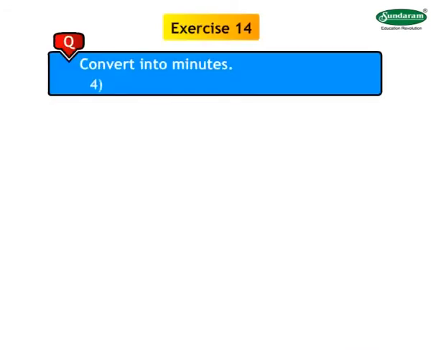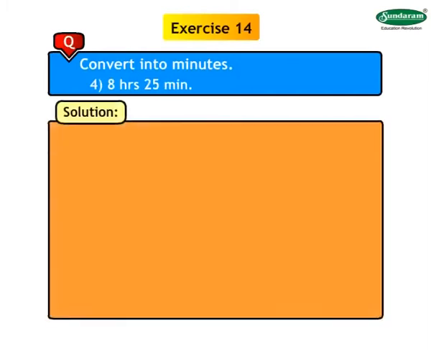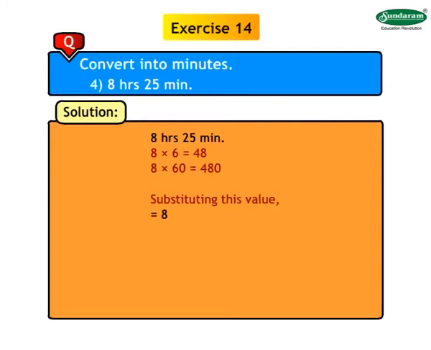4. 8 hours 25 minutes. Solution. 8 hours 25 minutes. Now, 8 into 6 is equal to 48. Therefore, 8 into 60 is equal to 480. Substituting this value, we get 8 into 60 plus 25 minutes.